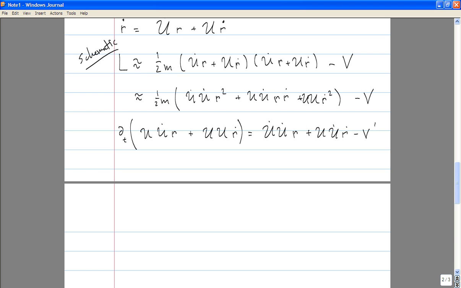So now, any other questions? Yes. Now let's just remember that U is a function of time. So when we take the derivatives here, what sort of terms do we get?